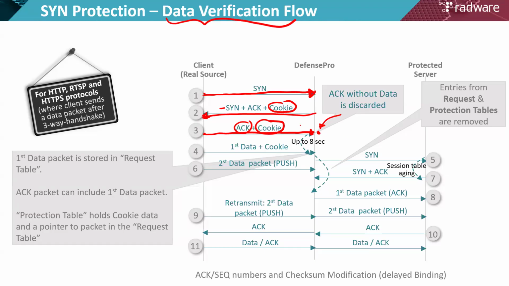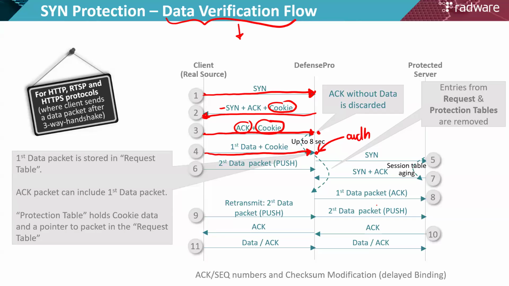But in the data verification flow, we wait until the first data packet is received. Once that data arrives along with the cookie, at this point we authenticate the client to be legitimate. That's why it is known as the data verification flow.